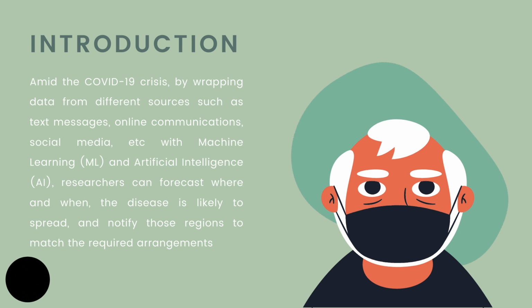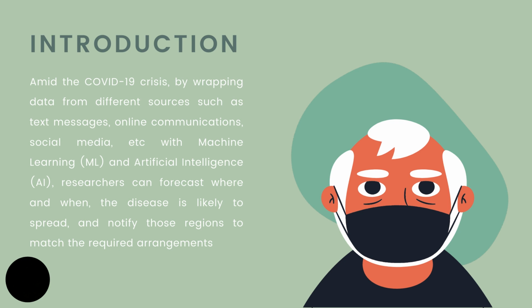We all know that there are some sources of data, including text messages, online communication, social media, and web articles, that can be very helpful in analyzing the growth of infection with community behaviors.